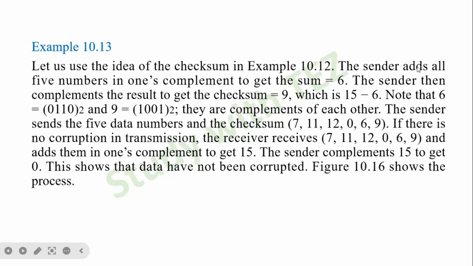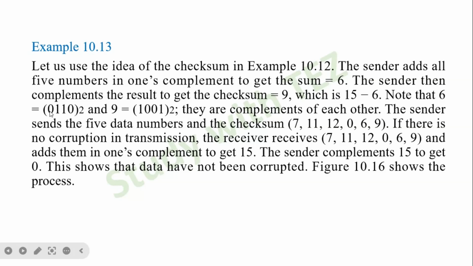See here, the sender, as earlier said, adds all the five numbers in one's complement to get 6, and then the sender sends the complement of that result, that is, the complement of 6 is 9. Otherwise it can also be taken as 15 minus 6, which is 9. Or else the value of 6 is 0 1 1 0.